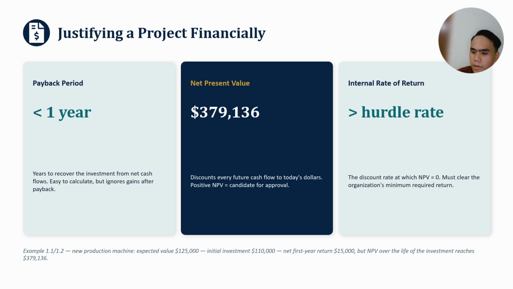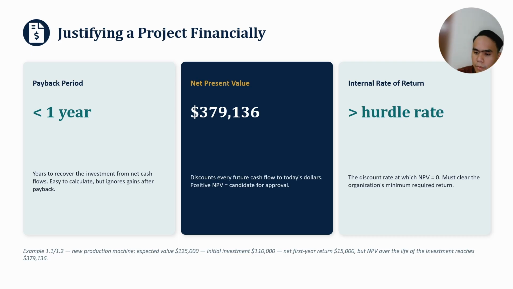Second, the net present value, or the NPV. This fixes the weakness by accounting for the time value of money. You find the present value of each year's cash flow, discounting at your organization's cost of capital, typically around 10%. Sum them all up, and if the total NPV is positive, the candidate is approved.